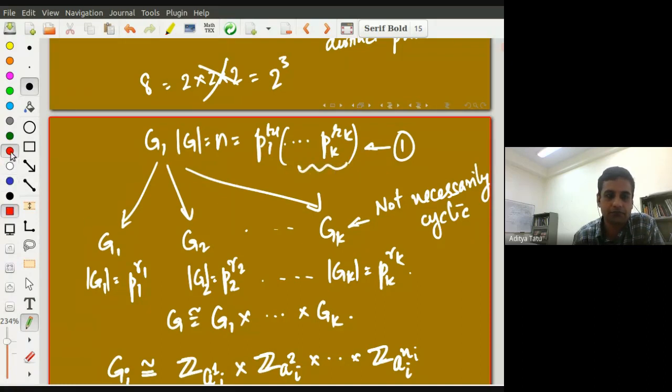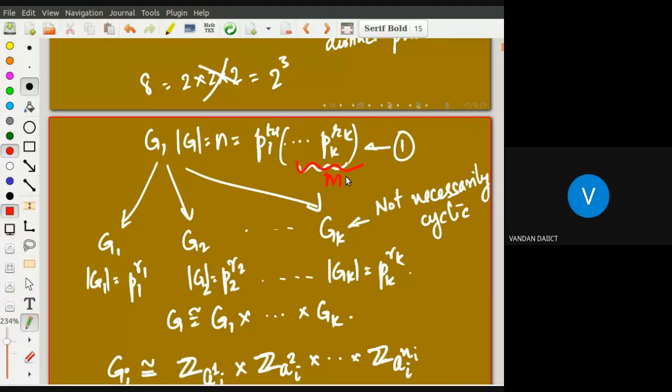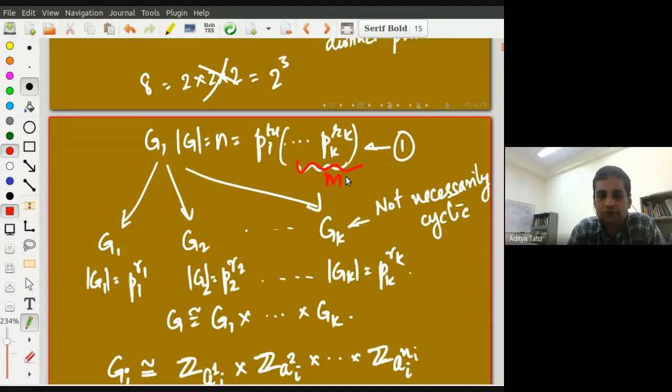This would be my m. Would it satisfy the conditions of the proposition? In other words, would p1 and m be co-prime? Yes, it will be, because we had assumed that all these k primes are distinct.